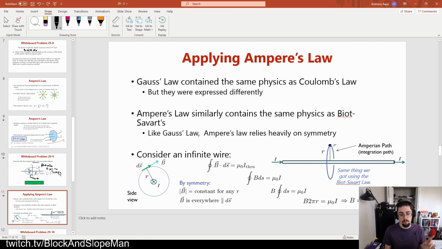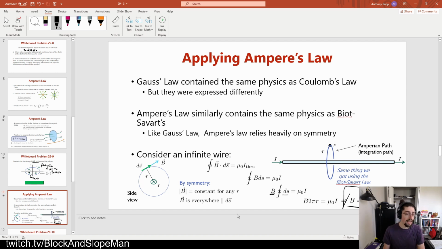And then we also say, okay, well, we are symmetrical in this entire case. So the magnitude of the magnetic field is also the same all the way around the circle. So B can come out. Then I am just taking the integral of ds. That is, how long is my path? It's all the way around a circle. It's 2 pi r. We take that, B times 2 pi r is equal to mu naught times I, and there we go.